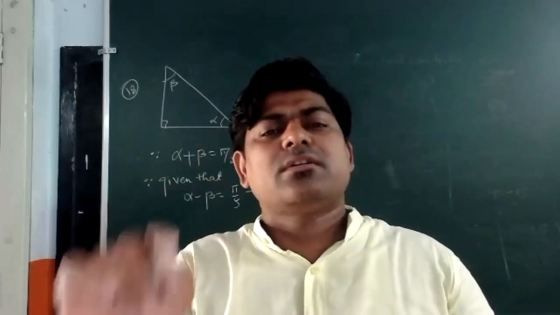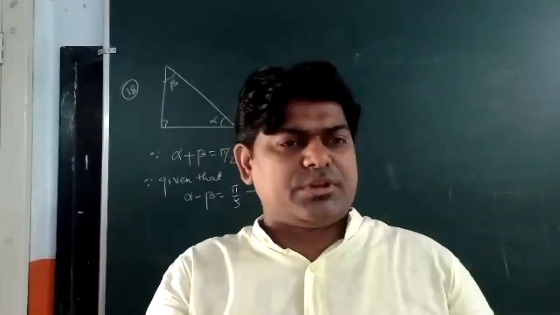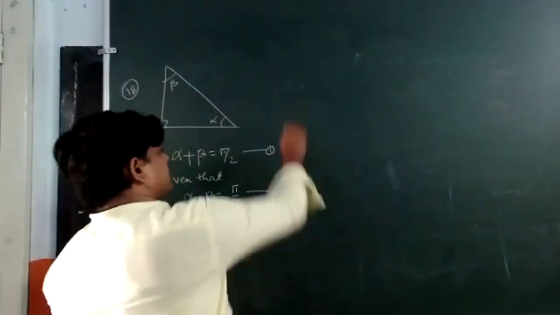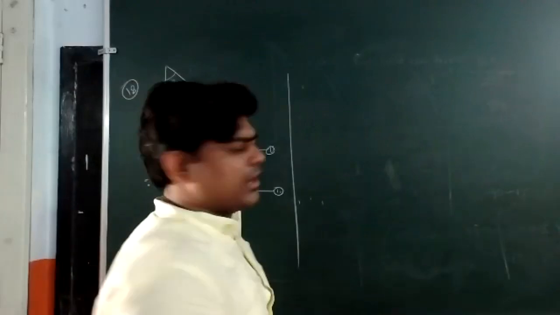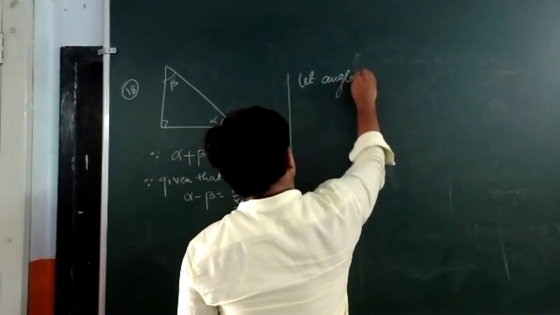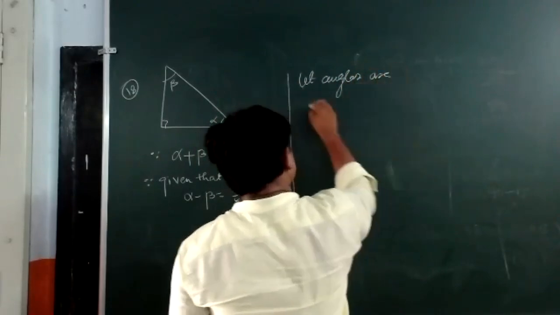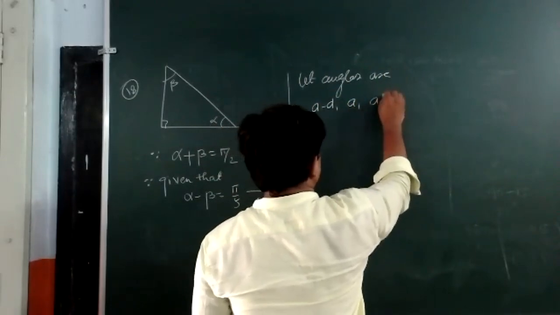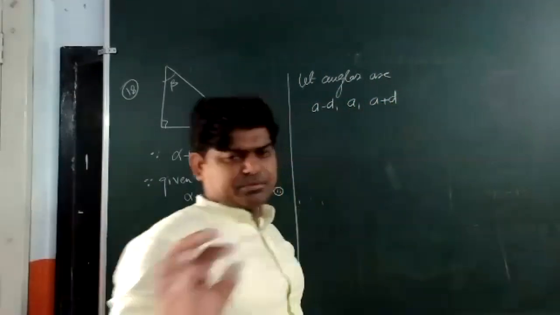A minus D plus A plus A plus D is equal to pi. Let me write this one. If the angles are A minus D, A and A plus D, now they are in AP.